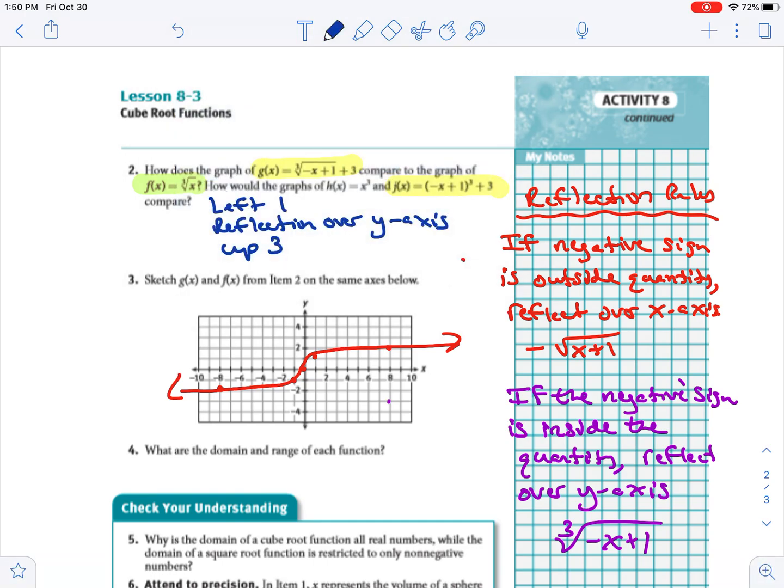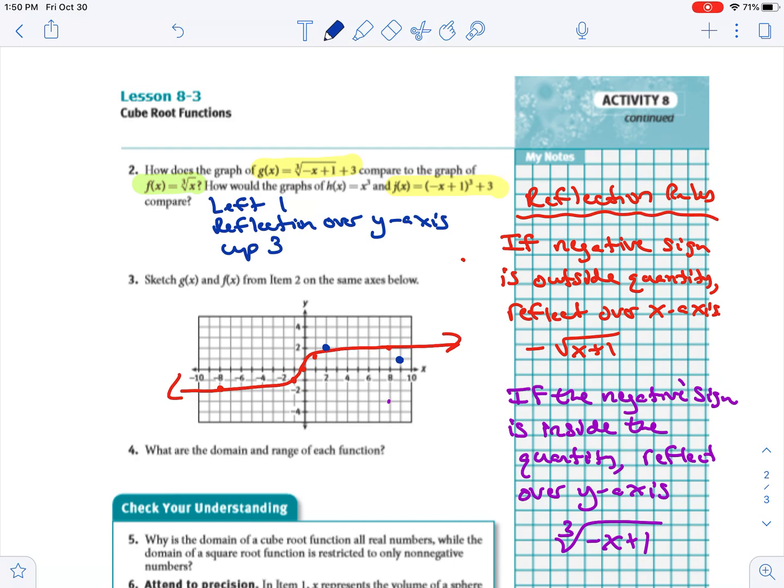Okay, so I'm going to go left 1, then I have to flip it over the axis, which will put it over here at +9, and then I have to go up 3. So we'll have an ordered pair up there. Now I've got my second ordered pair, and I'm going to go left 1, flip over the axis, and go up 1, 2, 3. Okay.